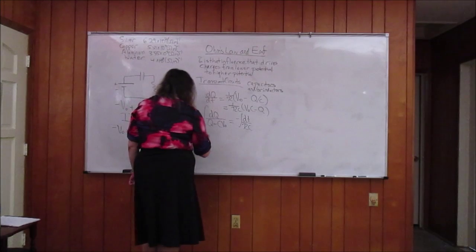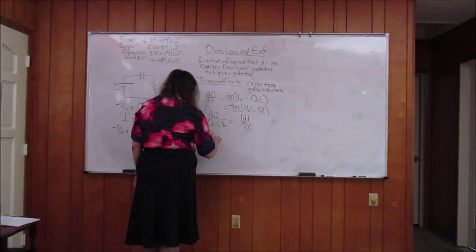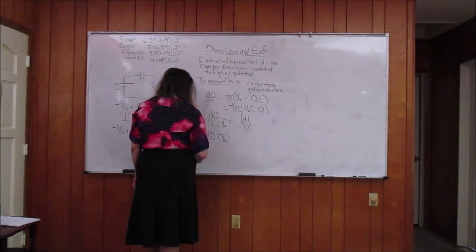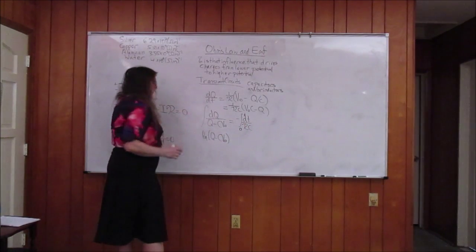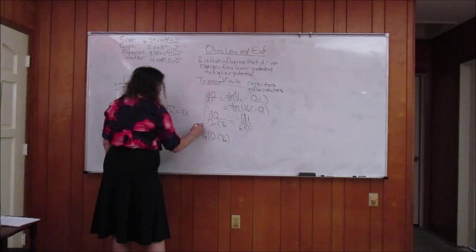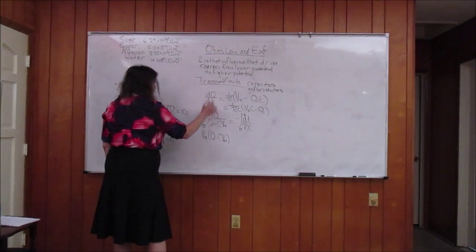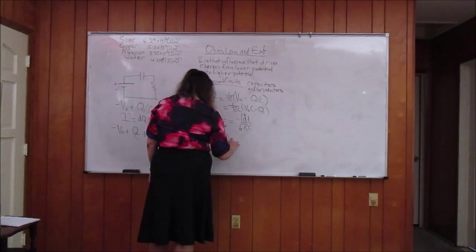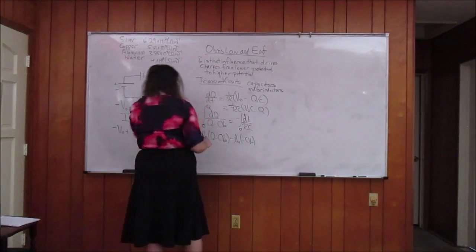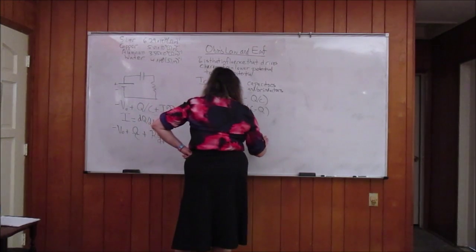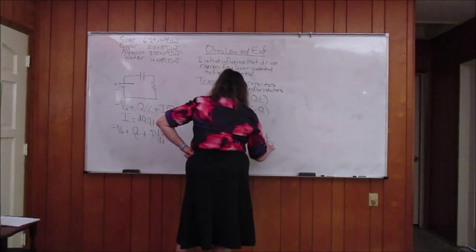This is just natural log of Q minus CV naught. And we're going to go from time 0 to some final time t. And we want to go from no charge up to some charge Q. And it's minus natural log of minus CV naught. And that's equal to minus t over RC.